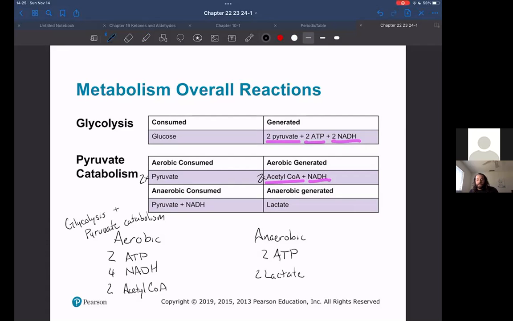It doesn't actually lead to more energy like acetyl-CoA does. Okay, so that's why under anaerobic conditions, the real payoff is just the 2 ATP that you get from glycolysis. Under aerobic conditions, we're going to see that we get the 2 ATP from glycolysis, but we're going to see that this leads to a boatload more ATP in further metabolic steps.